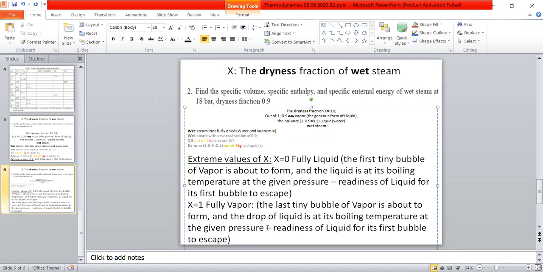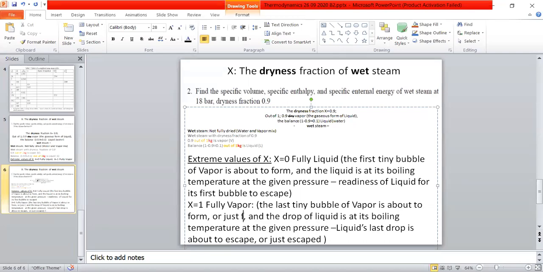Readiness is there, but here the liquid's last drop is about to escape or just escaped. Here, with x equals 0, it's about to form.